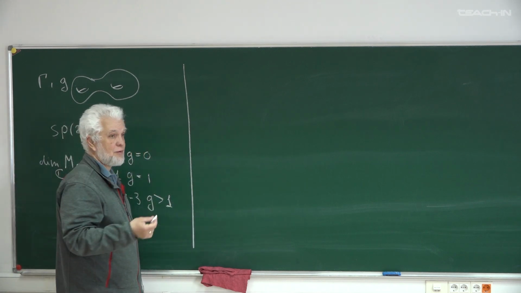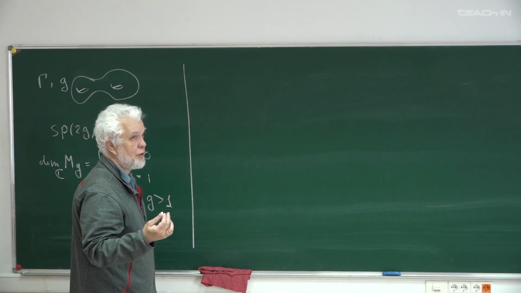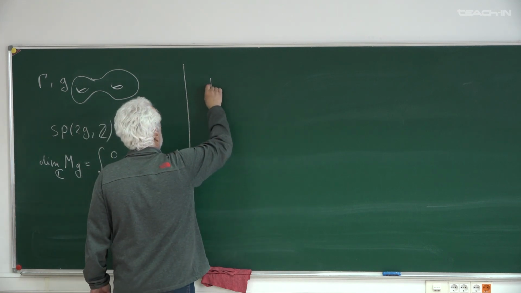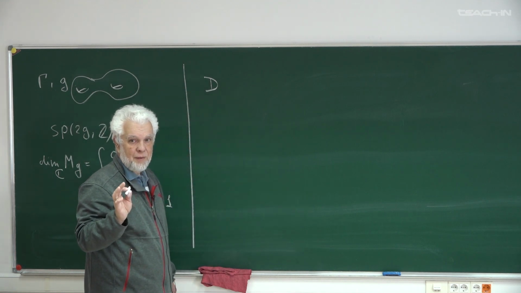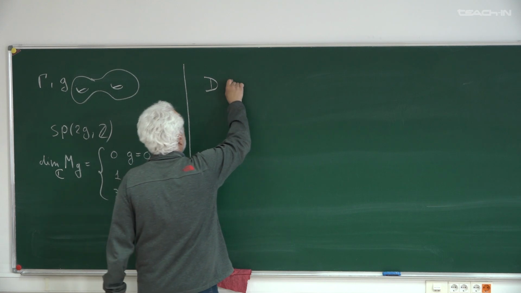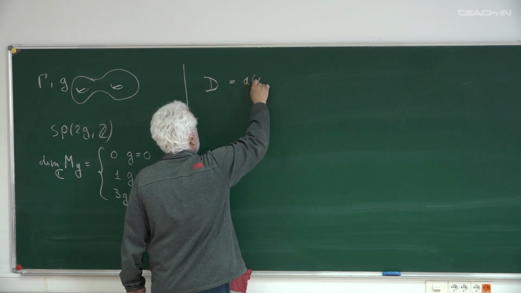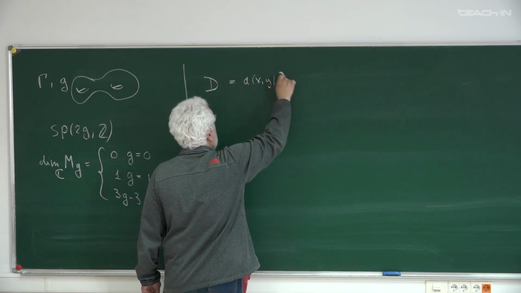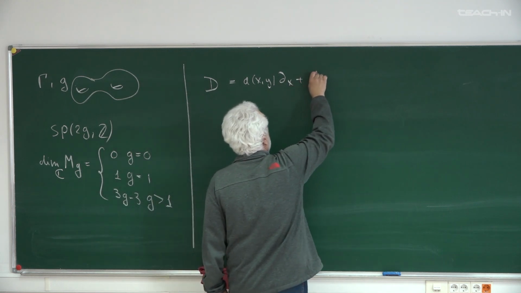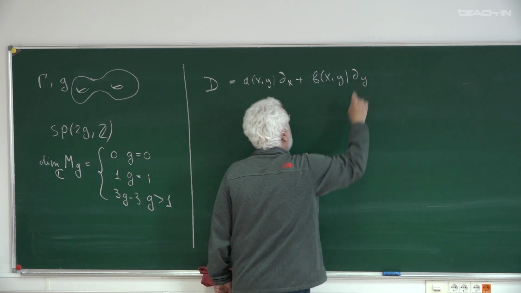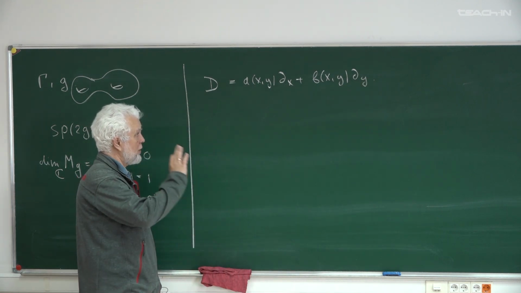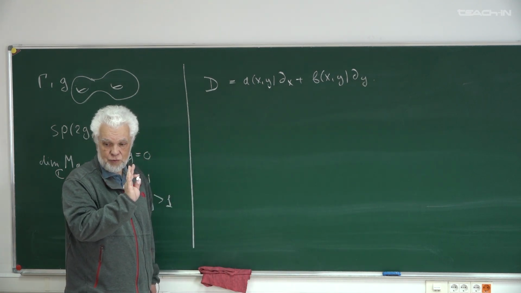What does complex structure, quasi-complex structure mean? Since we have an operator D, a first order operator, with a vector field, where A and B are complex valued functions.